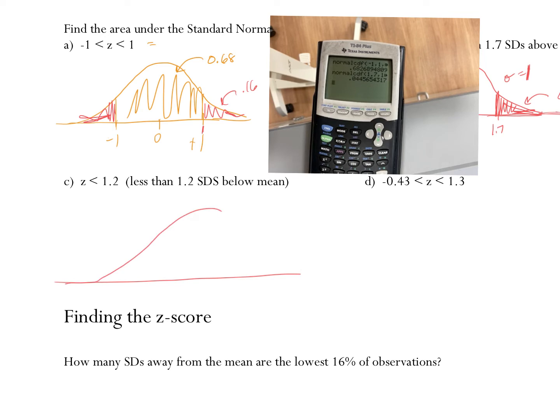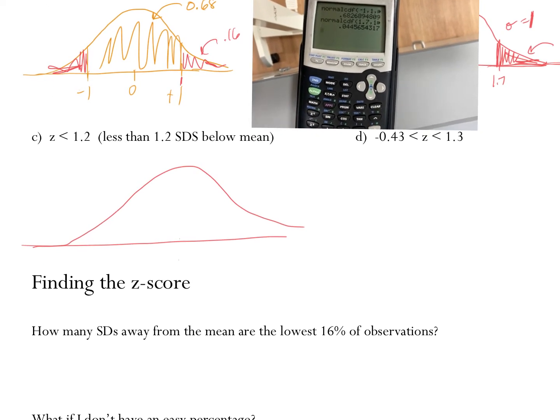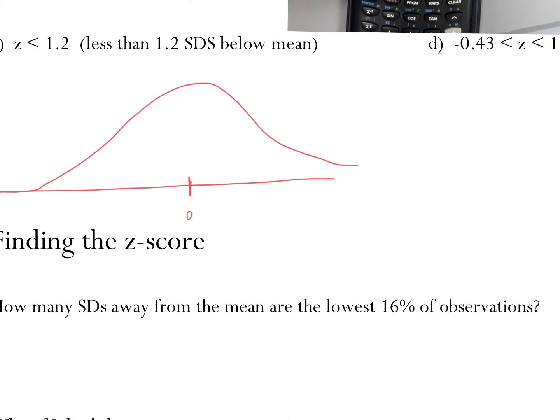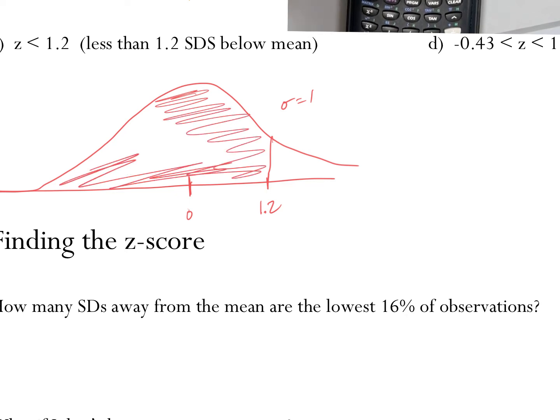We draw that picture. 1.2 would be about here-ish, right? Less than would have me shading to the left. All right, so I go to my calculator.